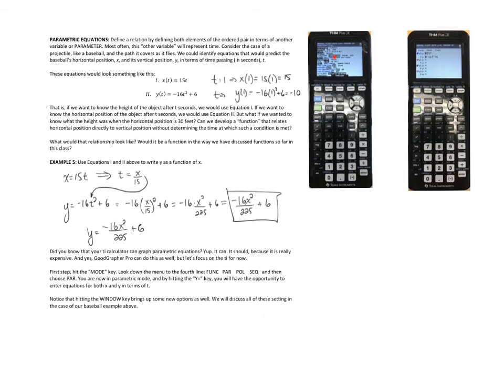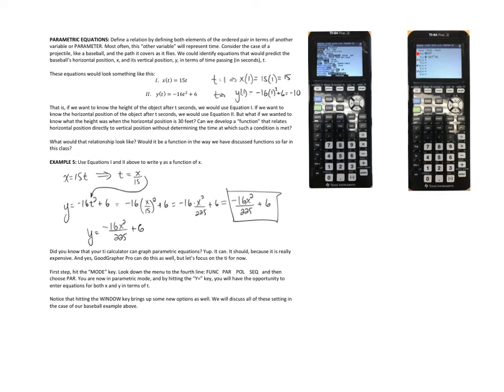And what that allows you to do is write equations such as they are right here, where x is a function of time and y is a function of time. So I gave you an example of what that screen would look like. You press y equals, and instead of having just y equals a whole bunch of different things, you now have x in terms of t equals and y in terms of t equals.